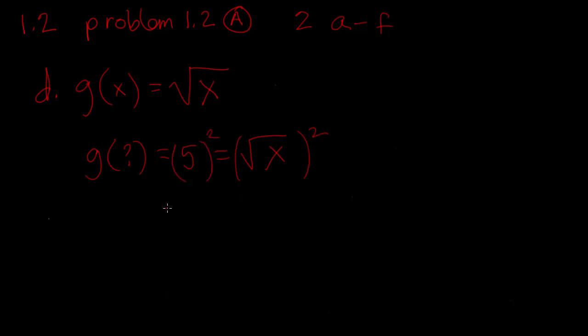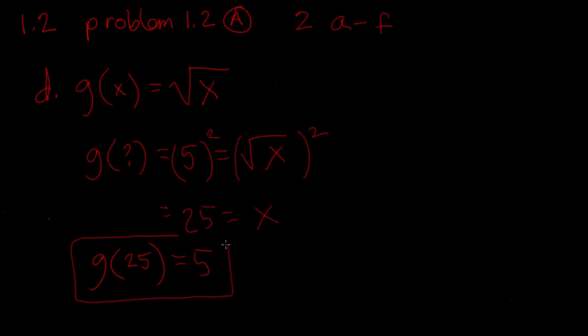So you'd get 25 equal to x. And you square it, you get one value. So now we know that x is 25. So we come back here and we can say the g of 25 is equal to 5. The only difference that we're doing here is simply using this notation to replace y.